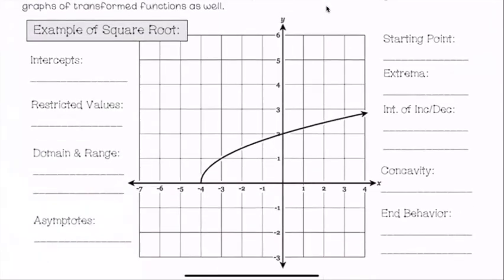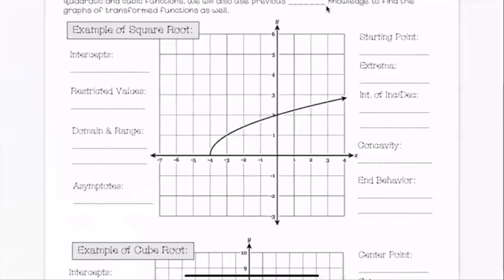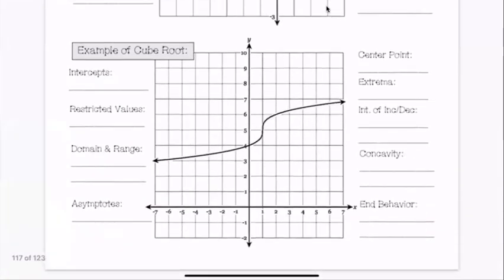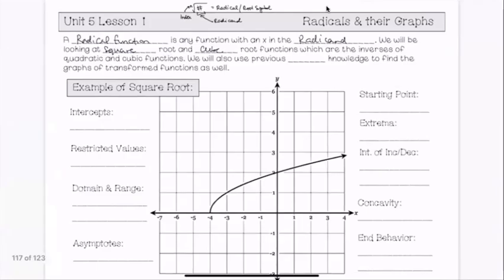You might notice if you look at the graphs, they are basically just those functions tipped over. This one obviously only shows half of it, because then it would be a function if we showed the other half. And this one you can see really is just like a tipped over cubic function. We will also use previous lesson knowledge to find the graphs of transformed functions as well. That is in lesson 2.